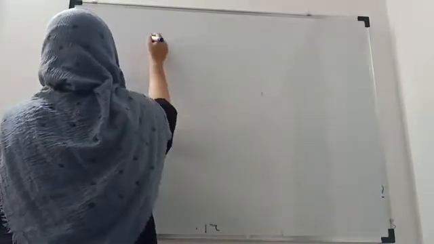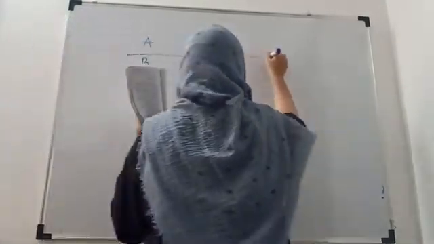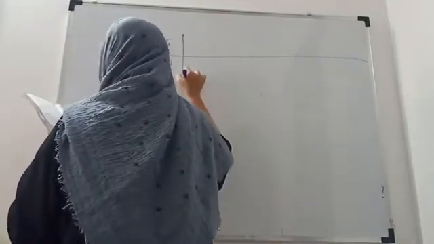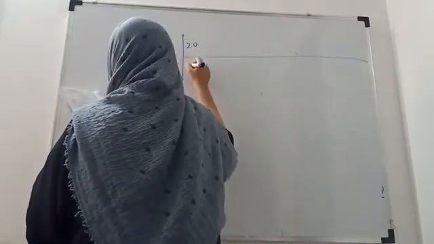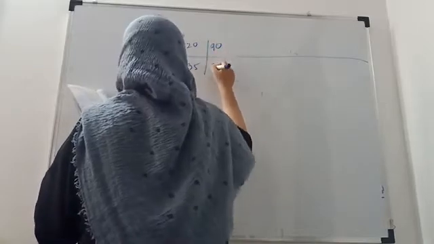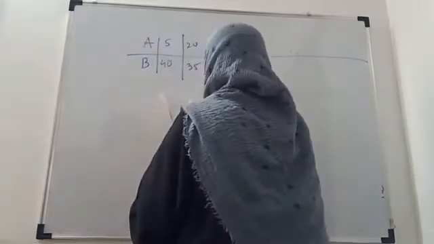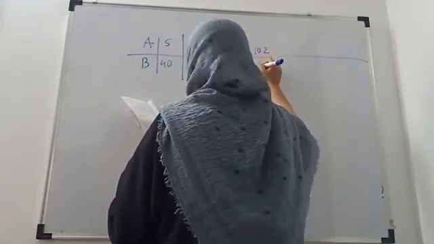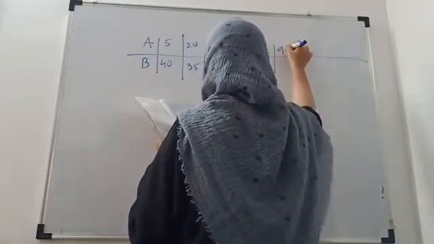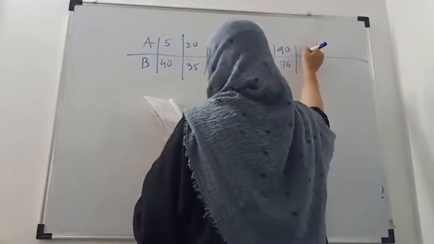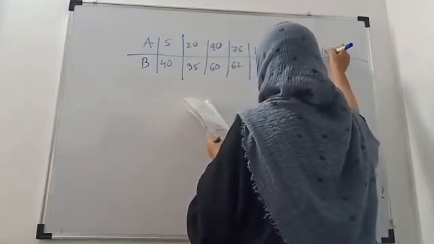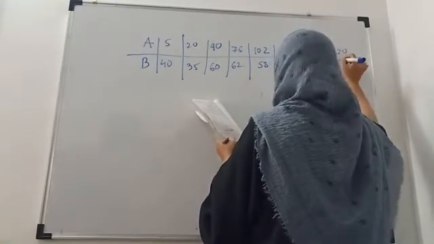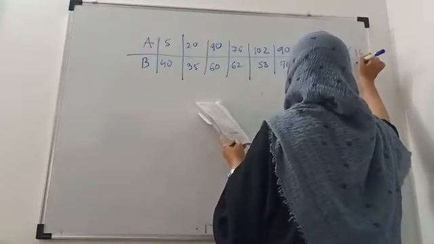Okay, so there are 2 cricketers A and B and their scores are given as 5, 40, 20, 35, 90, 60, 76, 62, 102 and 58, 90, 76, 6, 42, 108, 30, 20, 30, 16 and 20.